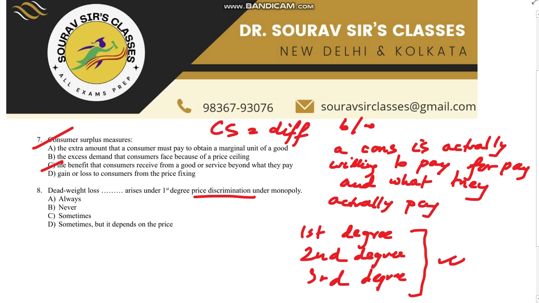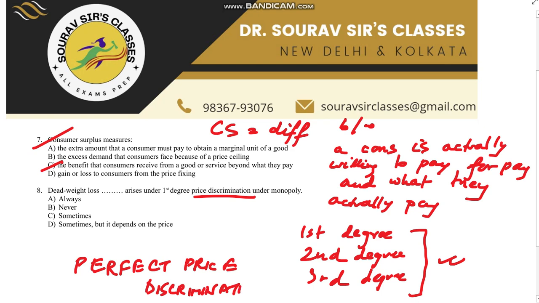First degree discrimination is also called perfect price discrimination. Here under monopoly, the monopolist charges each consumer their maximum willingness to pay, and this extracts all the consumer surplus, but it ensures that all mutually beneficial trade happens.